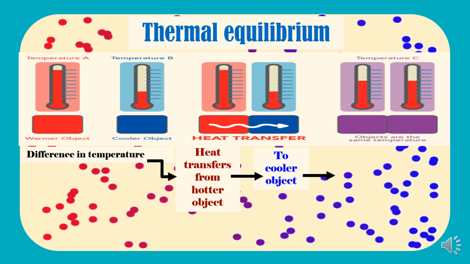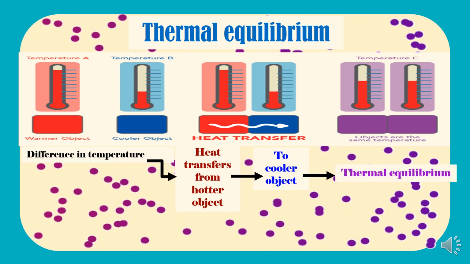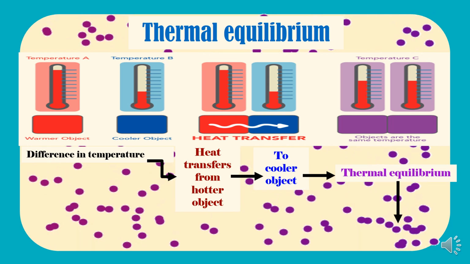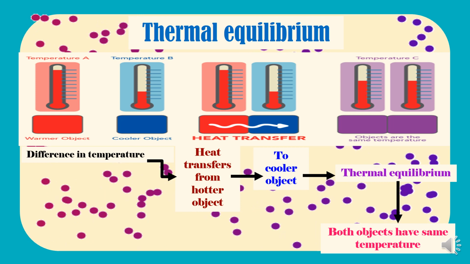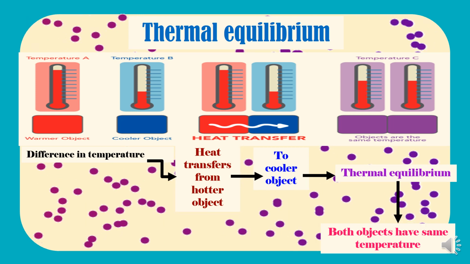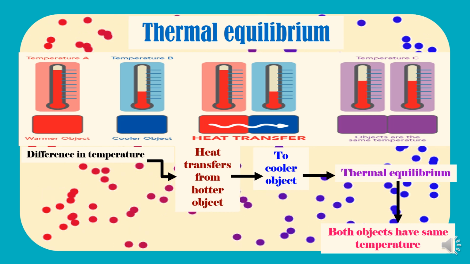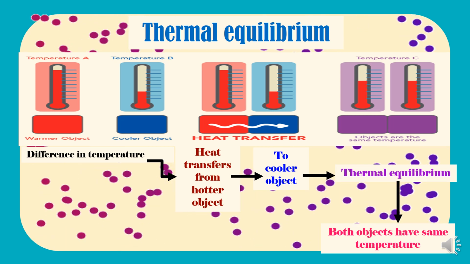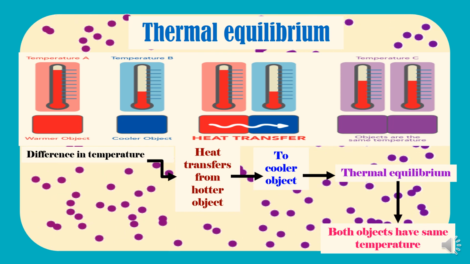The heat will keep transferring from hot object to cool object till they have the same temperature, and that's known as thermal equilibrium. In thermal equilibrium, both objects have the same temperature. So, when both objects have the same temperature, the heat will stop transferring between them.